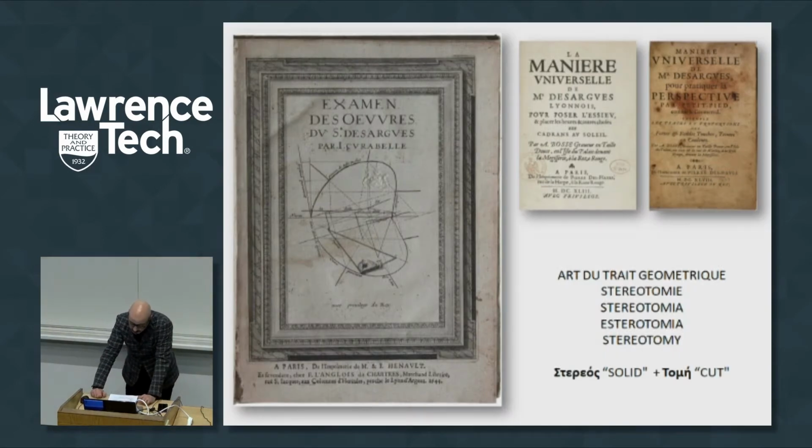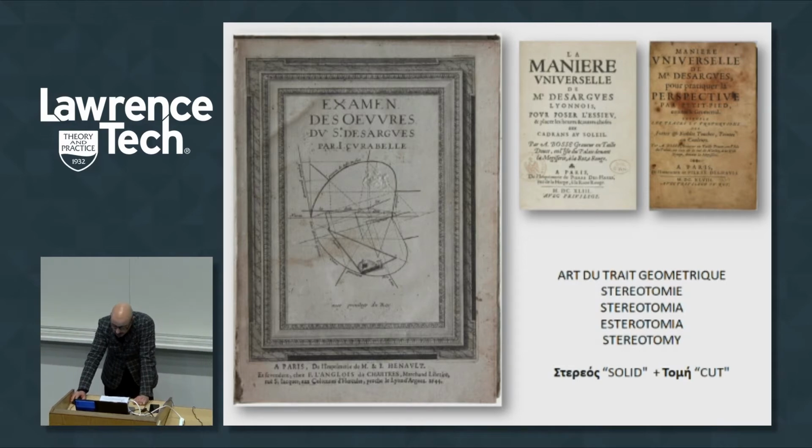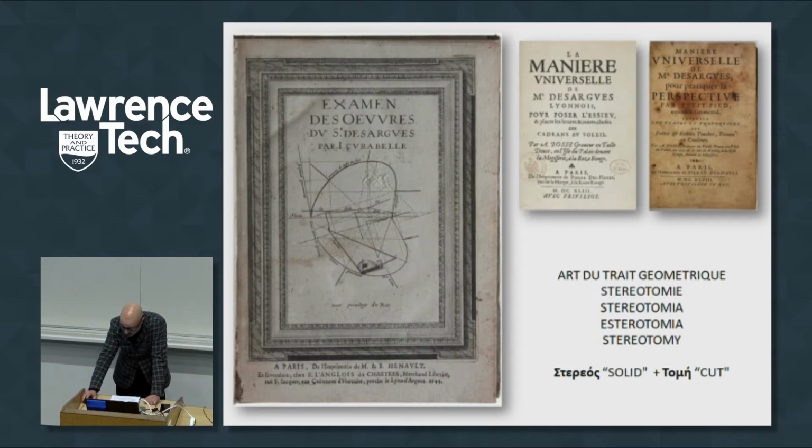stereotomy. In particular, the term stereotomy in the architectural literature was used for the first time in 1644 in L'Examen des œuvres de Sieur Desargues, written by Jacques Curabelle, one of the most appreciated master masons.